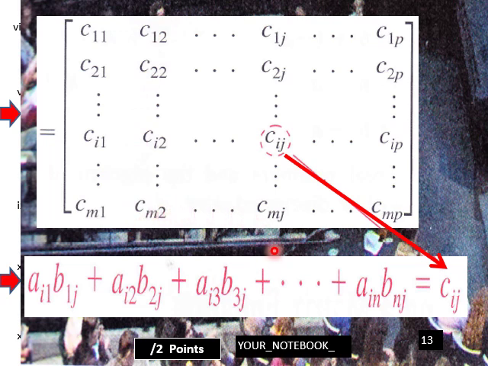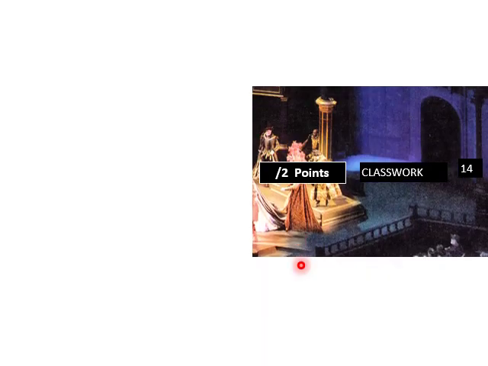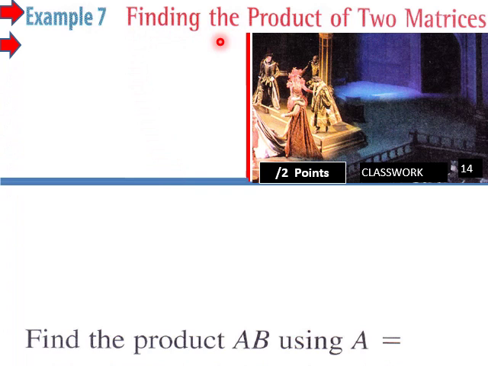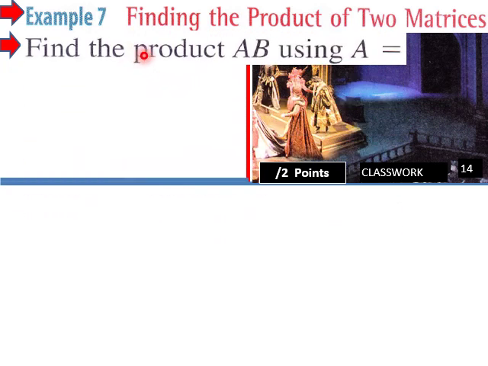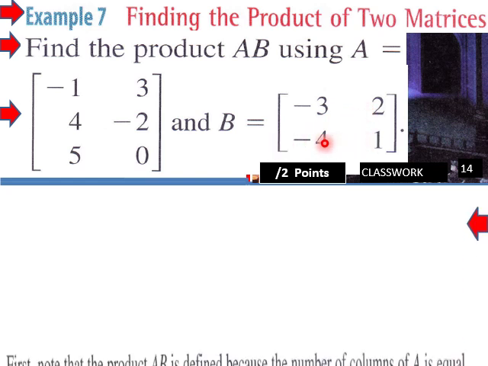So let's get an example to really point this out in an easier way: finding the product of two matrices. Find the product AB using A equals [-1, 3; 4, -2; 5, 0] and B equals [-3, 2; -4, 1].